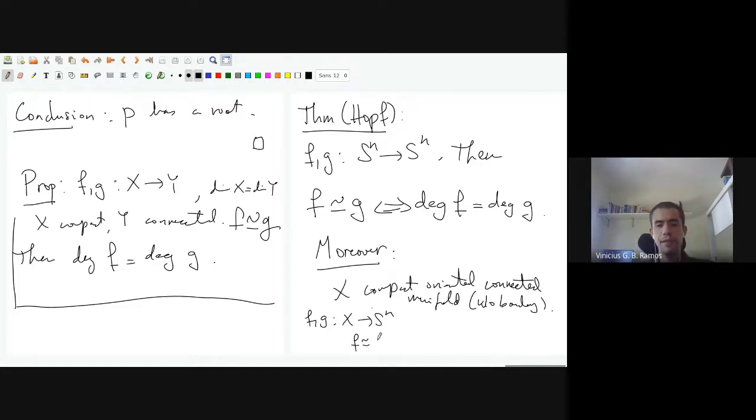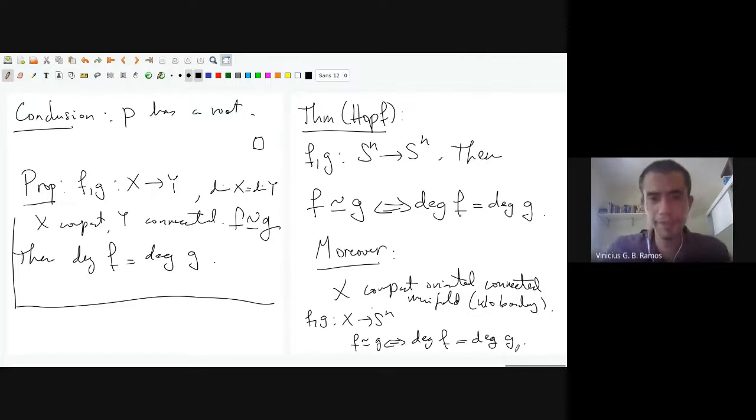So f is homotopic to g if and only if the degree of f is equal to the degree of g. Okay, so we're going to prove this theorem next week, I think, or the following week, pretty soon.